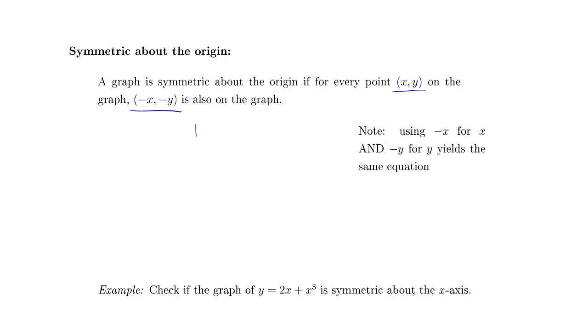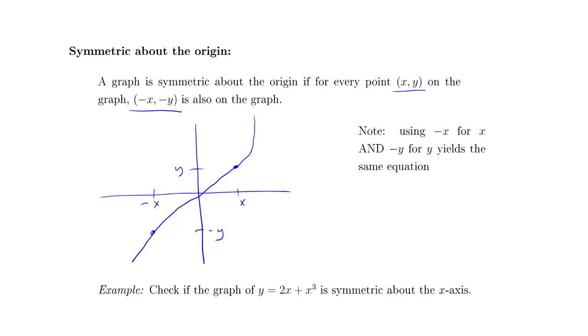So if (x, y) is on the graph, then (negative x, negative y) would be on the graph. Here's a graph that would basically be symmetric about the origin.